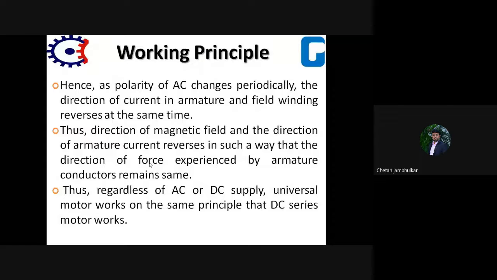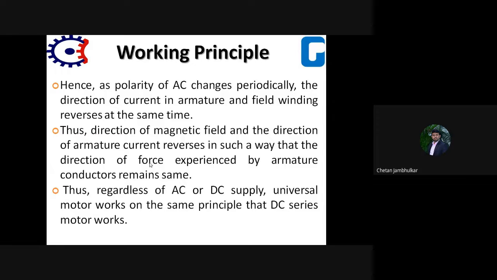Hence the polarity of AC changes periodically. The direction of the current in the armature and the field windings reverses at the same time. Meaning when the negative half is there, it will reverse, it will change the direction of the current in the armature and field winding.